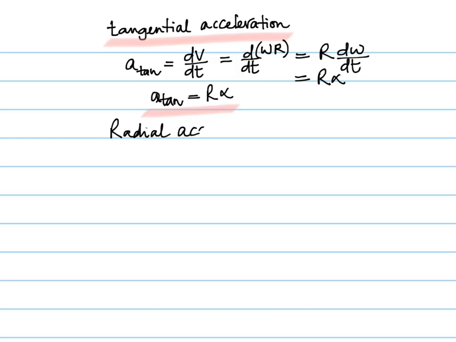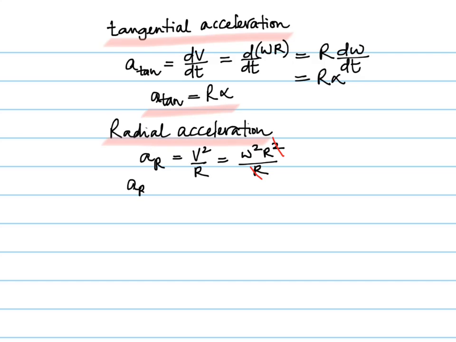Now radial acceleration, which is also called centripetal acceleration. We are used to this: V squared by r. But velocity is omega times r, so I squared both. And then I get a new formula for radial acceleration.